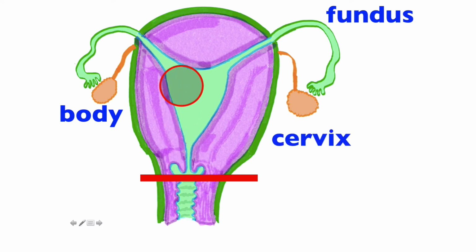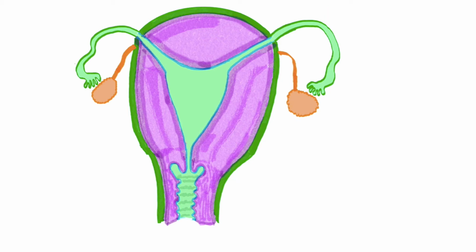Now, what I have drawn here, and this is often how you see a uterus drawn, is an open space that would represent the womb, and that's where an embryo and fetus and baby develop. But in women or females that have never been pregnant, this is actually closed up. So this wall is stuck to this wall and stuck to this wall.